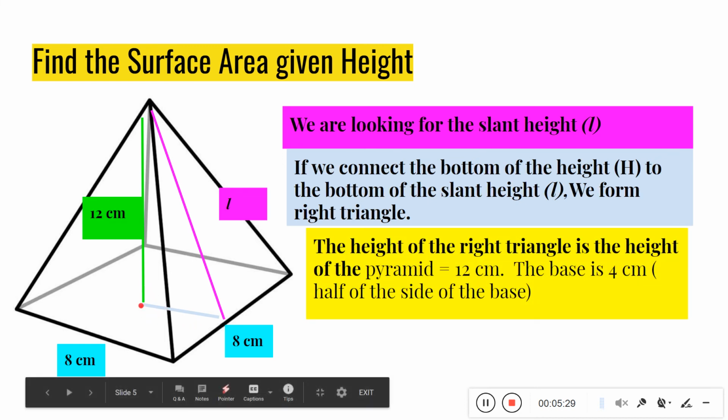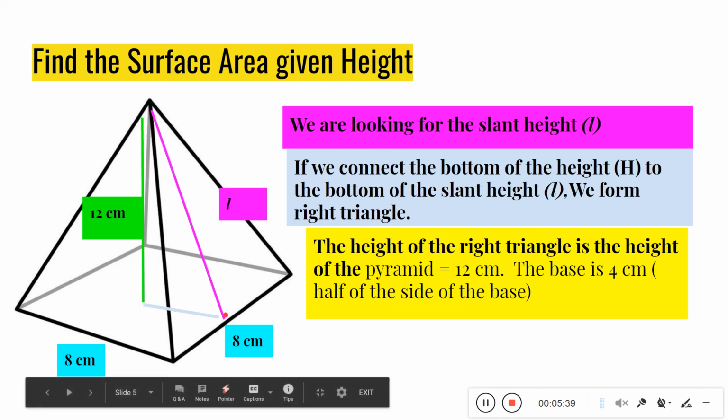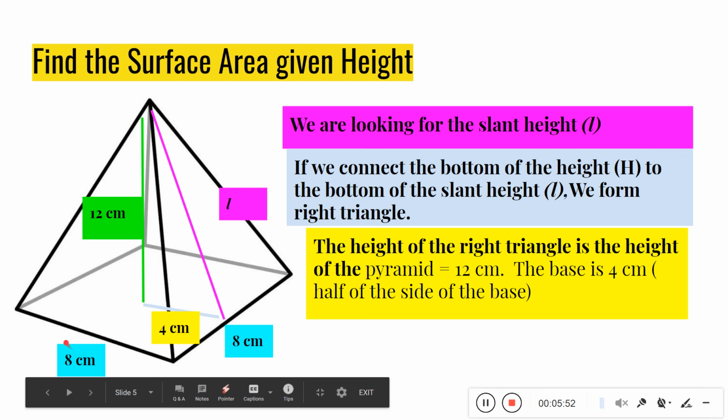Okay, and we should know what this is. So the height of the right triangle that's formed right here by the green line, the blue line, and the pink line, this is 12. This is 4, because remember I said it goes right down in the middle of the base. So if this is 8 inches long, halfway across is 4 inches.